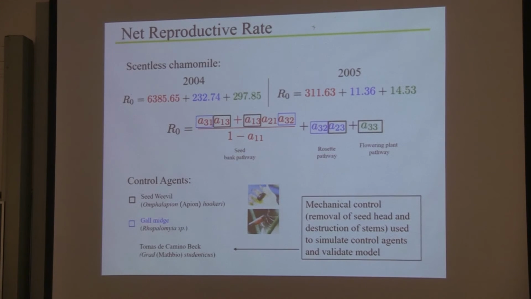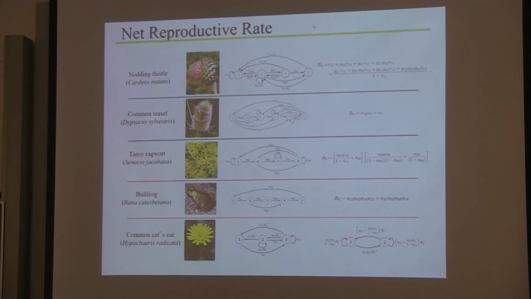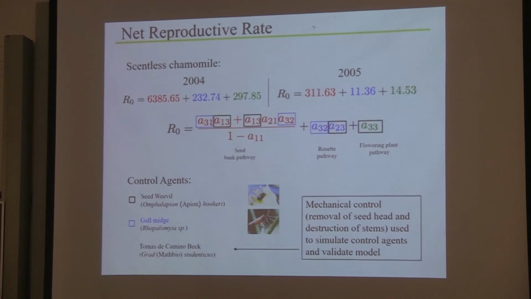Have you compared this result with the result from the eigenvalue analysis that said that only A33 was important? Oh yeah, this is a great question. I don't know if I included it, but no, I didn't. You can do sensitivity analysis for R naught as well. We did that, but I forgot to include it here.